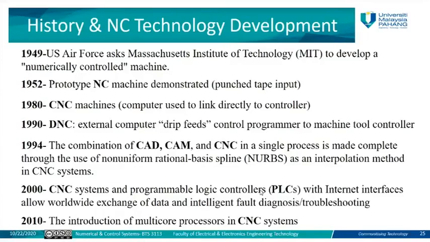Or you have multiple machines with a computer, you connect all computers together, and all the computers connected to one server, so the server can perform distributive control. So you send the command from the server and tell the computer of each NC machine. So each computer at each NC machine will perform the control on the machine.